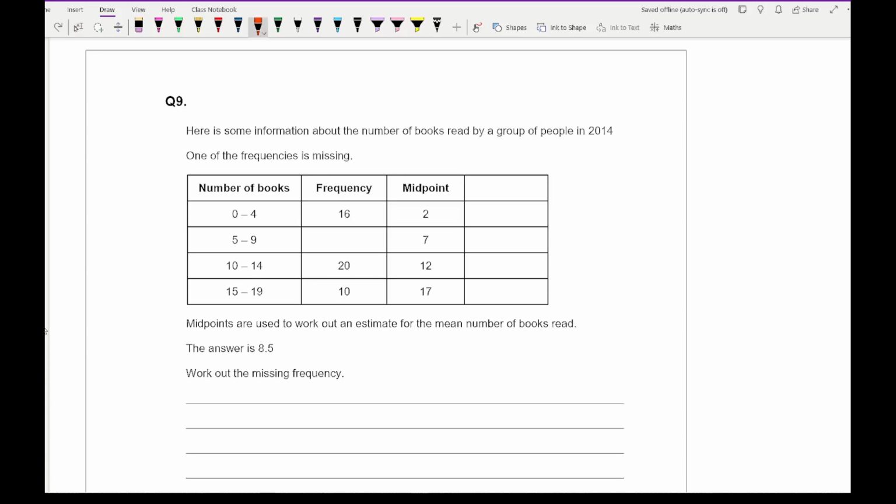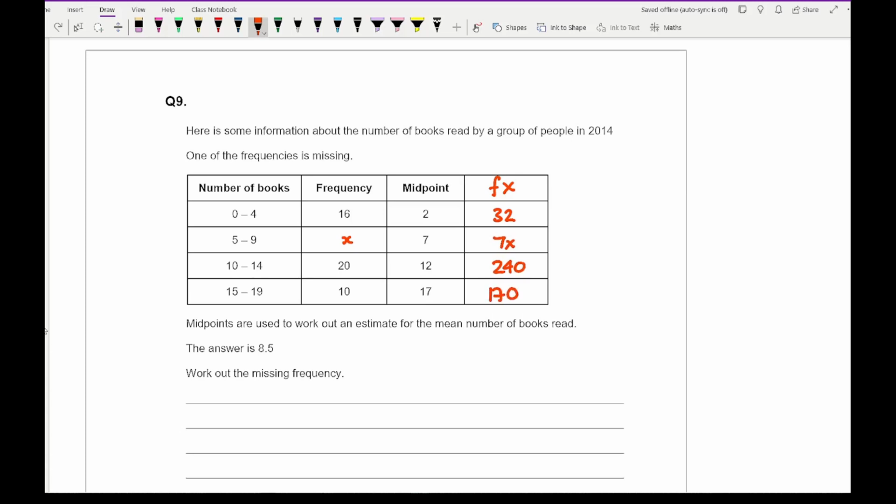So for example, if I just create an fx column, and I call the missing frequency x, then this value here is going to be 32. This value here is going to be 7x. This value here is going to be 240, and this value here is going to be 170.